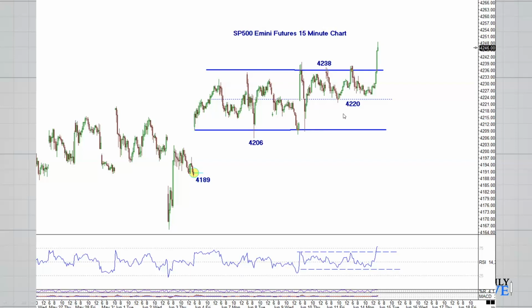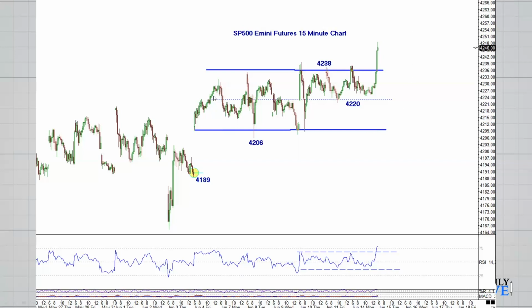But notice how many times down here on the lower end of this that the price had tested this 4,200 level. So that currently makes this 4,200 level an important area for the market to be able to hold if it does come back down to that area.